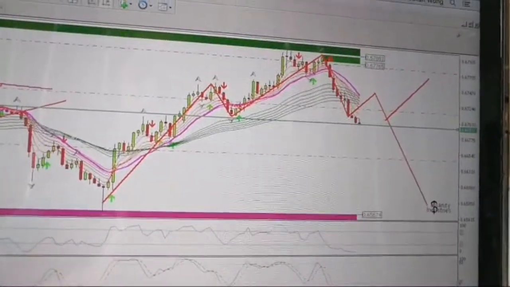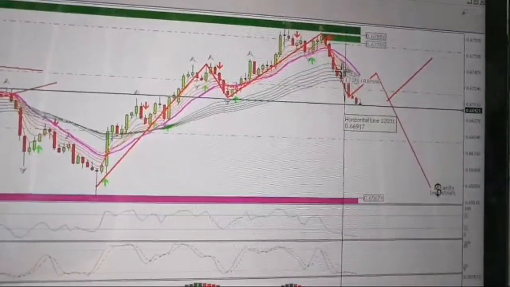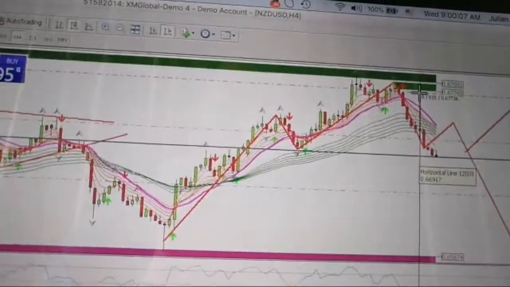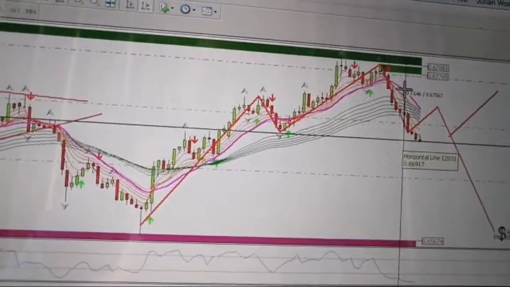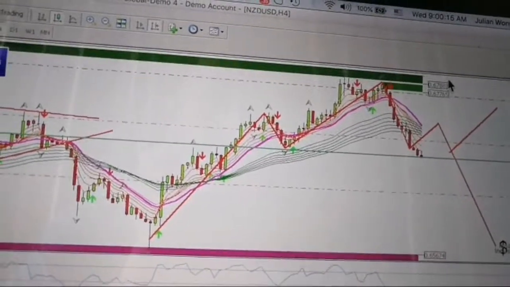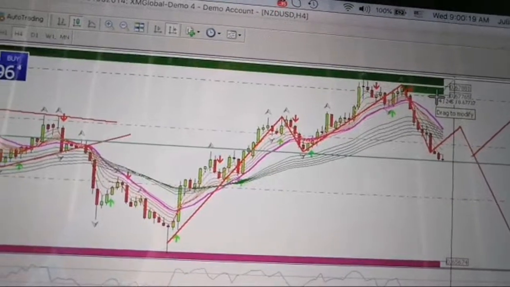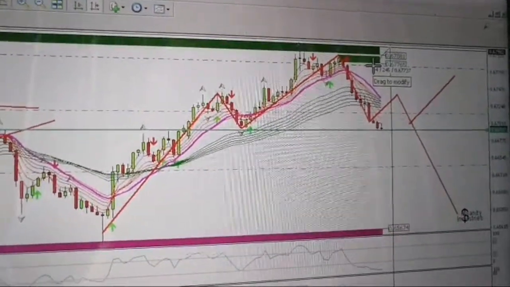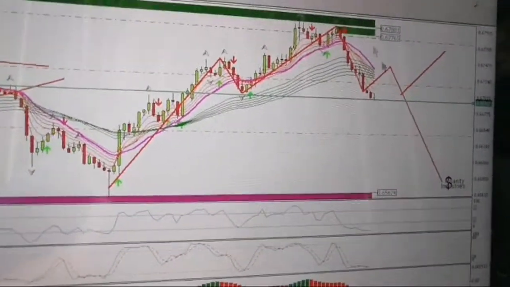As it is right now, this is about 81 pips of profit, and if we exclude a certain area, we're already locking in about 64 pips. Compared to the initial stop level, this is already about 3 times. It's already a 3 to 1.